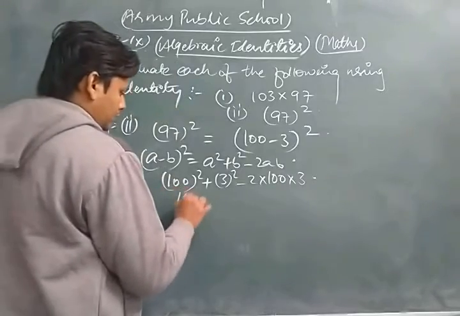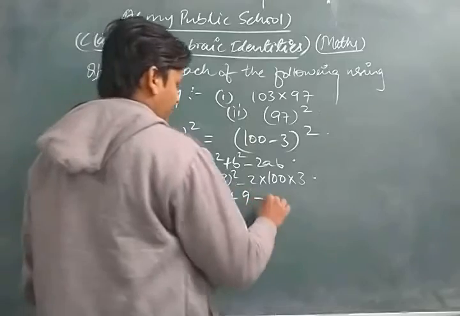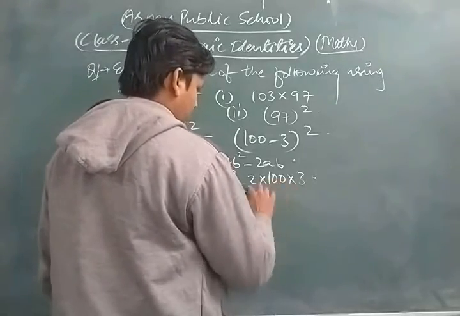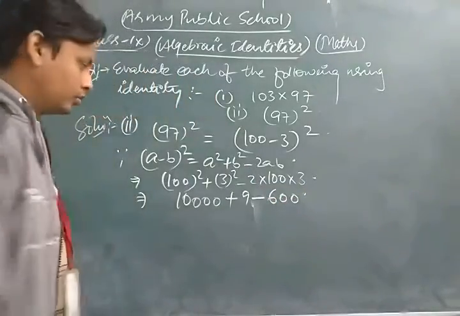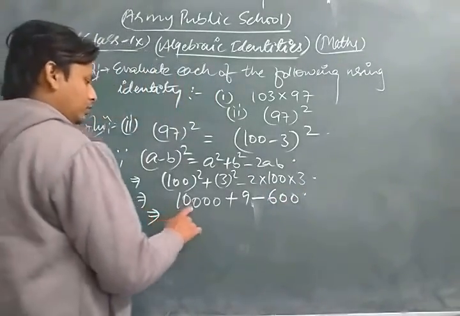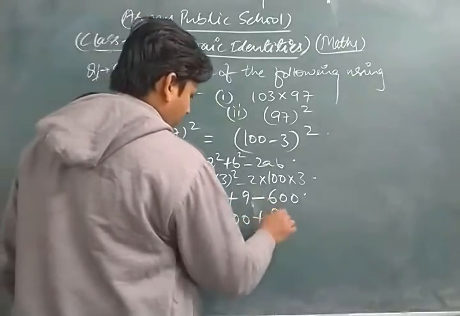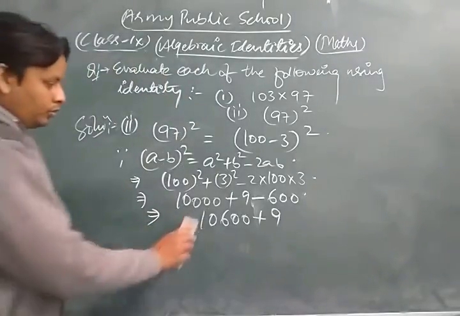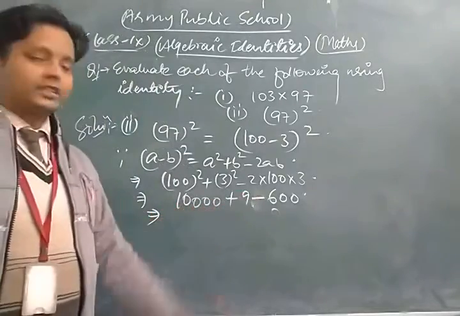100 square is 10,000, 3 square is 9, minus this is 600. Now we have 10,000 minus 600 plus 9. First what I do, we subtract 10,000 minus 600.